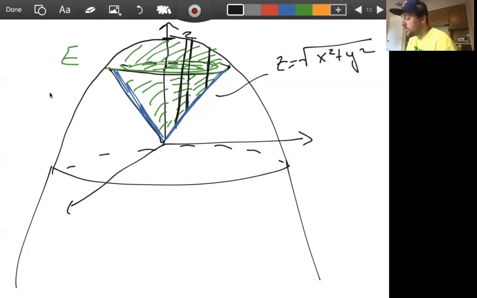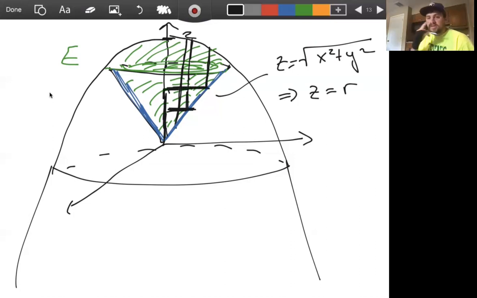Well, in cylindrical coordinates, x squared plus y squared is r squared. And so this is z equals r. And so what this means is this cone is however far you are up, that's what your radius is, right? And so it's a pretty nice cone. Like I'm at a certain z height, well then that's the radius of the circle of the cone at that level.